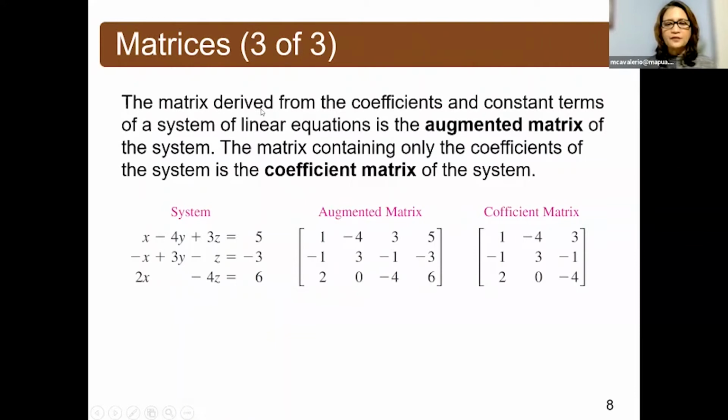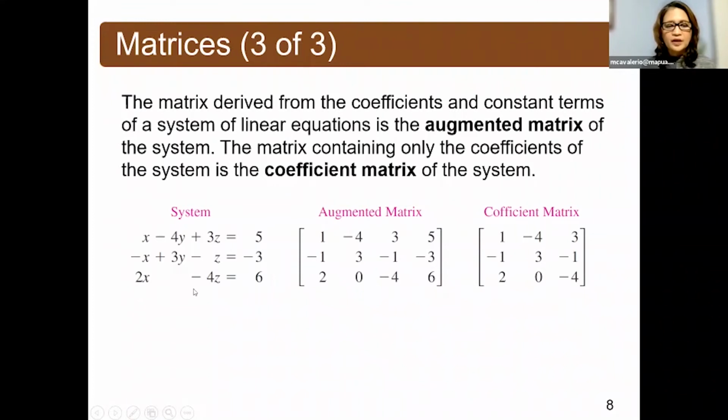The matrix derived from the coefficients and constant terms of a system of linear equations is the augmented matrix of the system. The matrix containing only the coefficients of the system is the coefficient matrix of the system. Say, for example, we're given a 3 equation in 3 variable system. We have here x minus 4y plus 3z is equal to 5. Negative x plus 3y minus z is equal to negative 3.